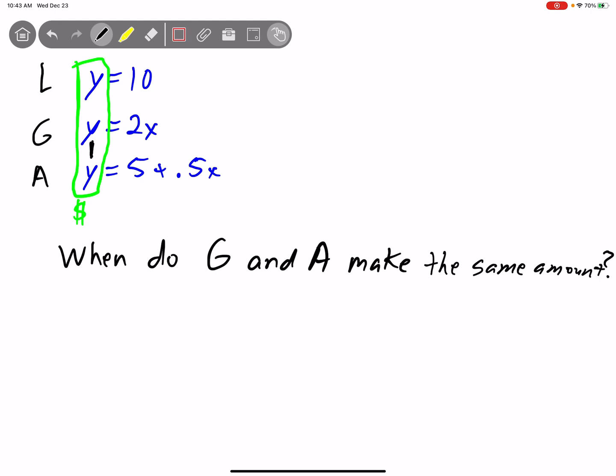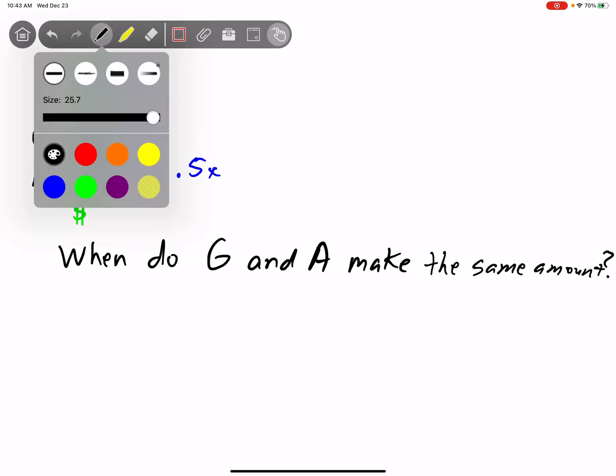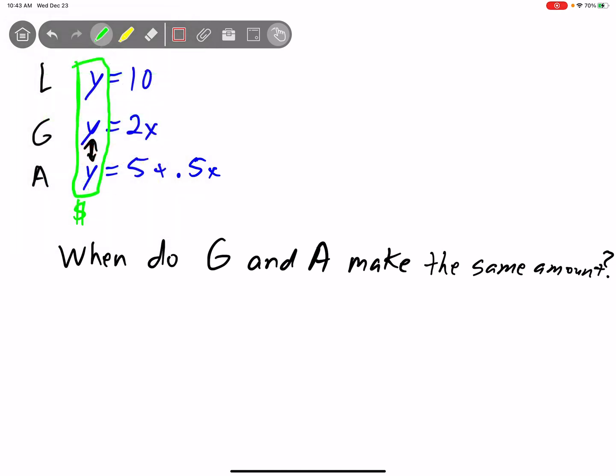Okay? These two y's need to be the same. So that's like me telling you that the amount of money that Gilberto makes has to be the same as the amount of money that Alana makes. Remember, Y stands for the amount of money. That's why I highlighted it in green.